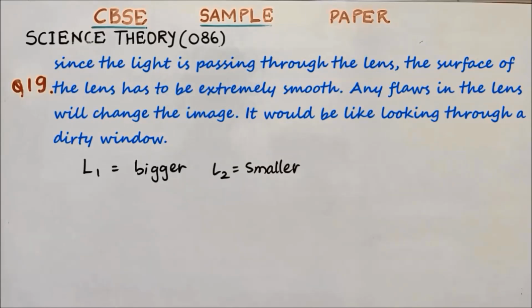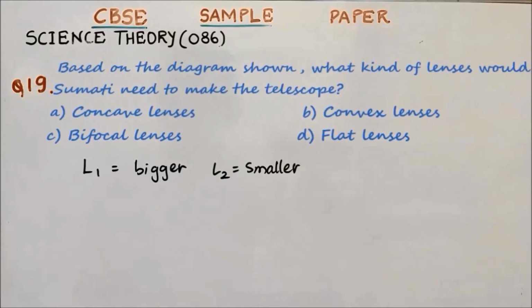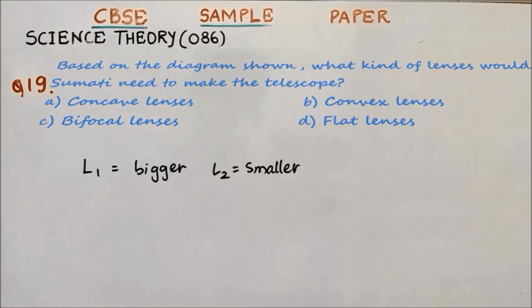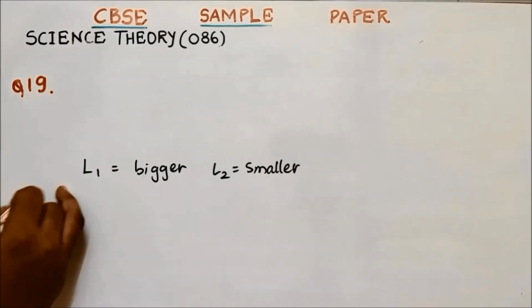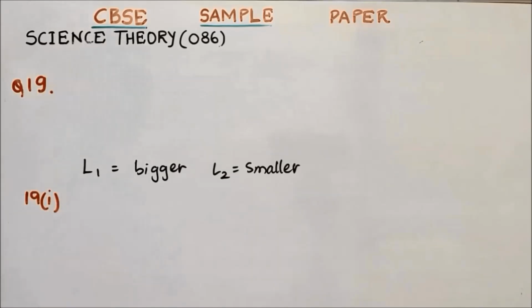Now let's see the questions. Based on the diagram shown, what kind of lens would Sumati need to make the telescope? This is question number 19.1, so please write 19.1 in the margin of your answer sheet.